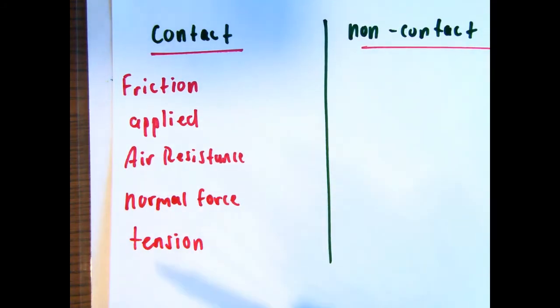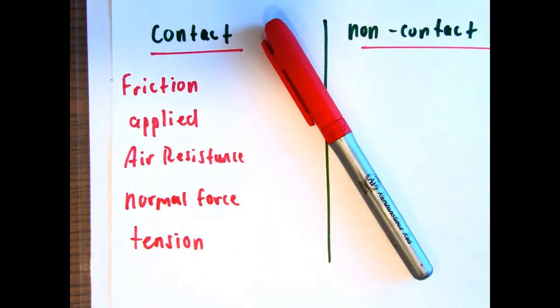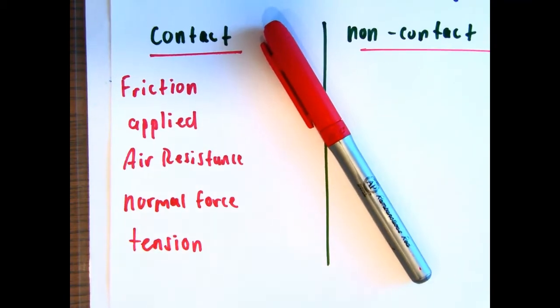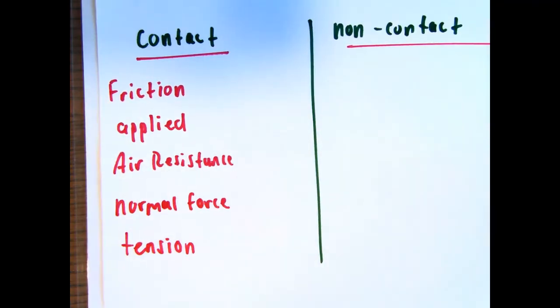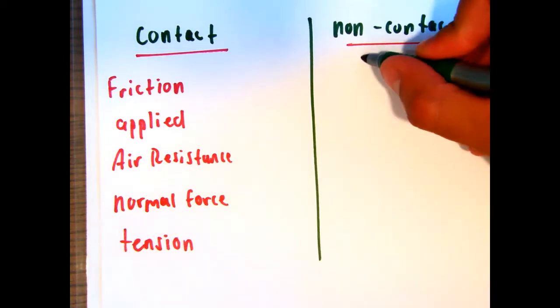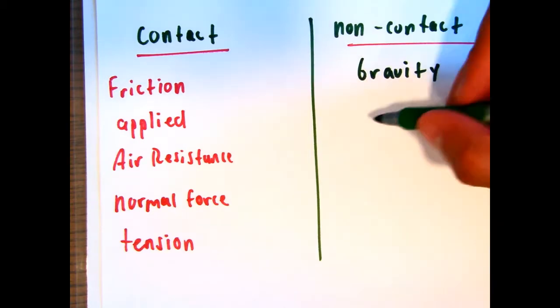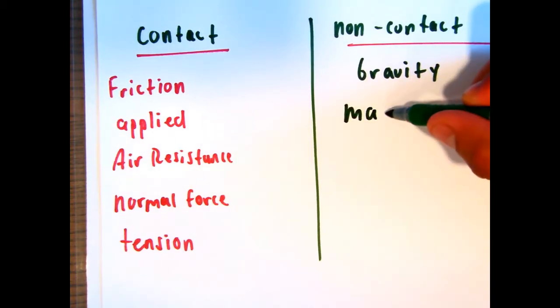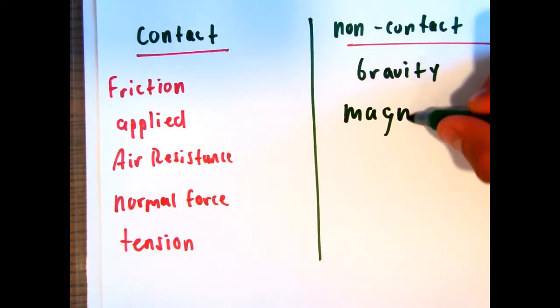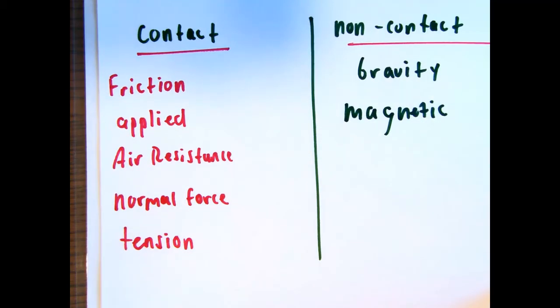For example, when I put this pen down, the reason it doesn't go through my desk is because the desk puts a normal force on it that holds the pen up and keeps it from going down. Then our main non-contact forces are going to be gravity, which pushes things down but doesn't actually touch them, and magnetic force. You've seen magnets; they can push things without actually touching them.